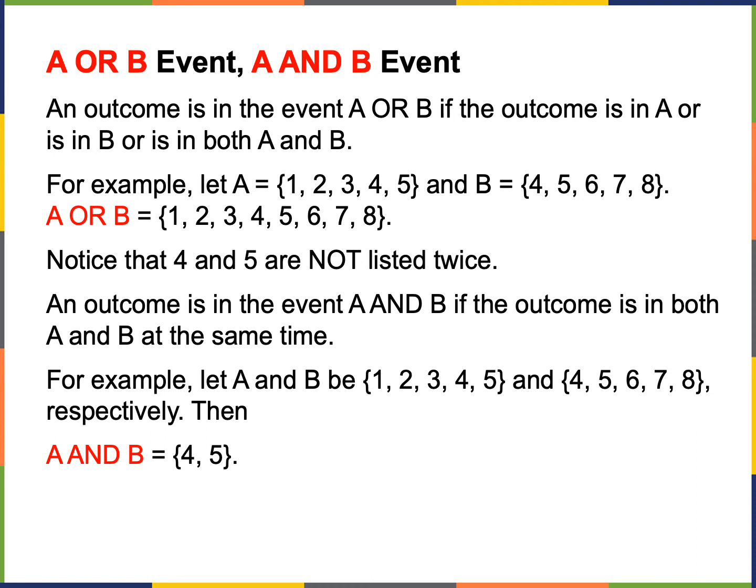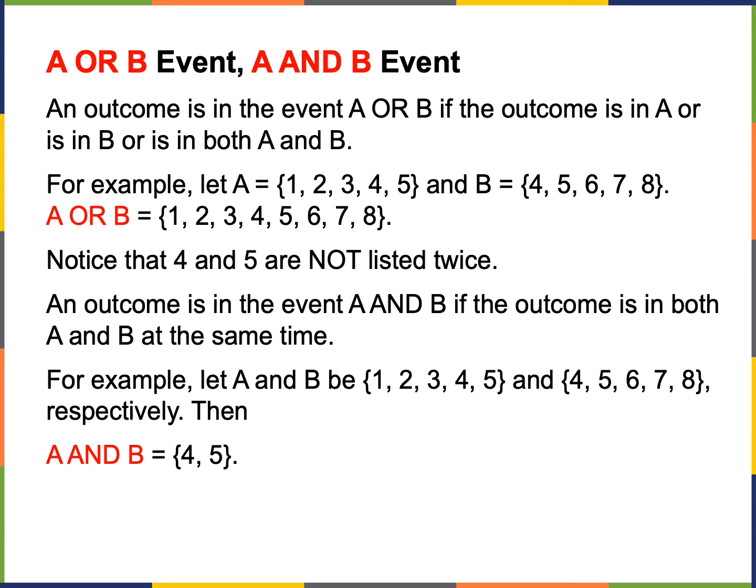Now, to be considered in the intersection, which is also called "and", the outcome has to be in both A and B at the same time. That's why I like the term intersection, because it's where these 2 sets intersect. So let's say A consists of the numbers 1, 2, 3, 4, 5, and B consists of 4, 5, 6, 7, 8, like we did previously.